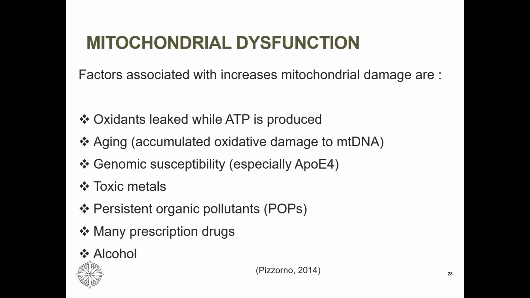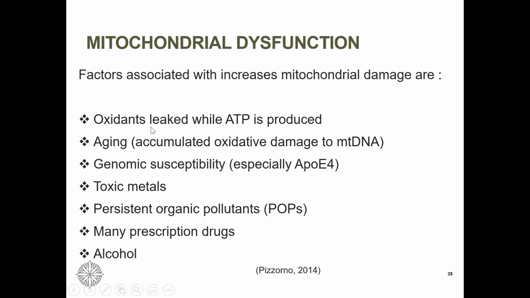Now, some of the other causes of mitochondrial damage could be toxic metals, some organic pollutants, plastics, some prescription drugs, alcohol. Normal aging could also be an issue because that may accumulate in mitochondrial DNA and prevent its further growth.